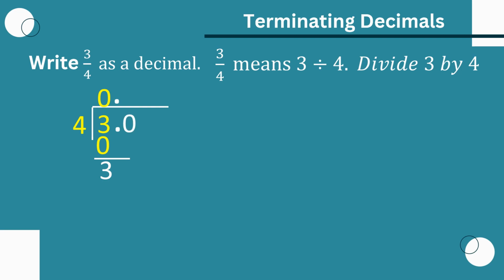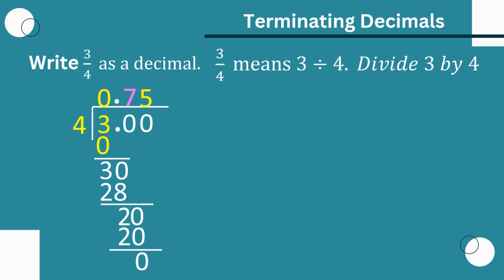Then add 0. Bring down 0. 30 divided by 4 is equal to 7. 7 times 4 is equal to 28. 30 minus 28 is equal to 2. Then we can add another 0. Bring down 0. 20 divided by 4 is equal to 5. 5 times 4 is equal to 20. 20 minus 20 is equal to 0.